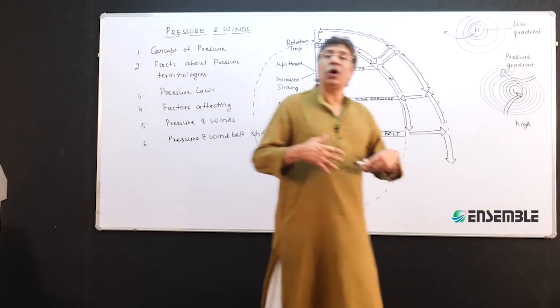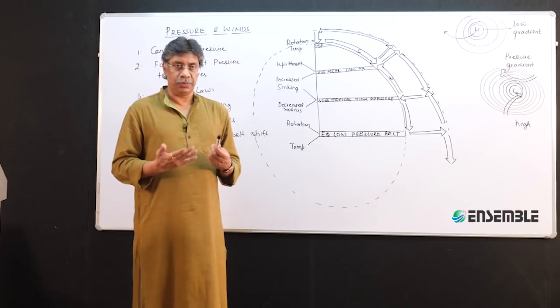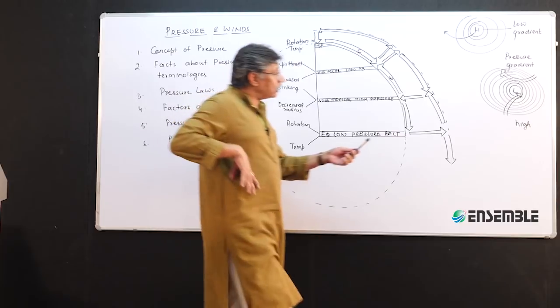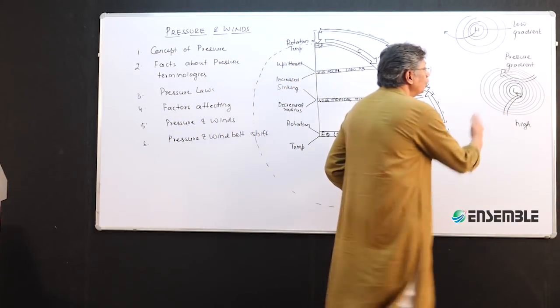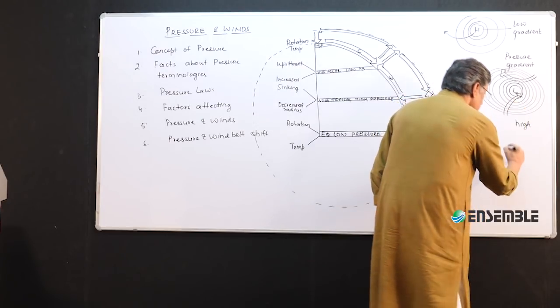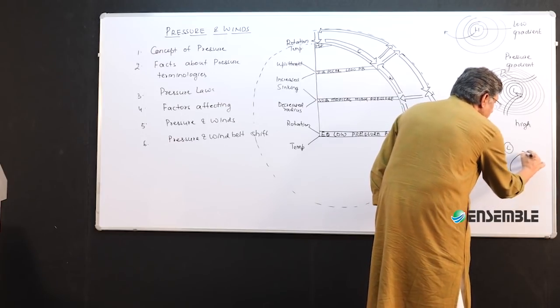Winds will always have a tendency to move from high pressure to low pressure. And in trying to move towards a low pressure, they are going to be deflected towards their right because of the Coriolis force. So, around a low, they will get deflected towards their right hand side.